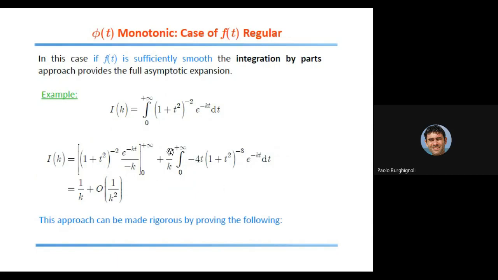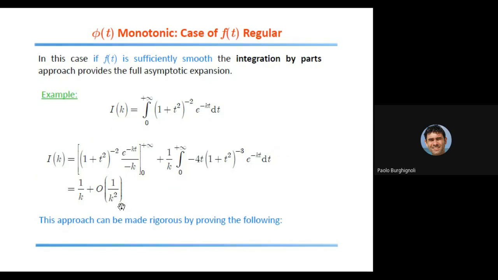This second addend can be estimated quite easily, because you can, by exercise, find some way of finding an upper bound for the integral, from which you will discover that this second addend is of the order of 1 over k squared.